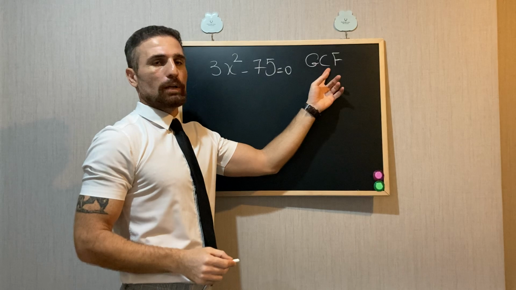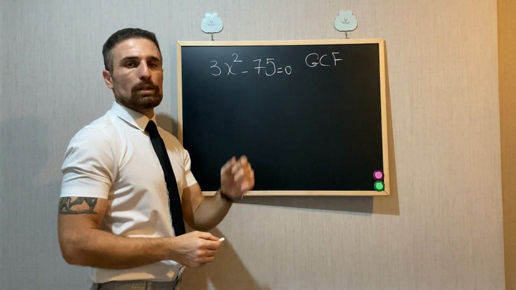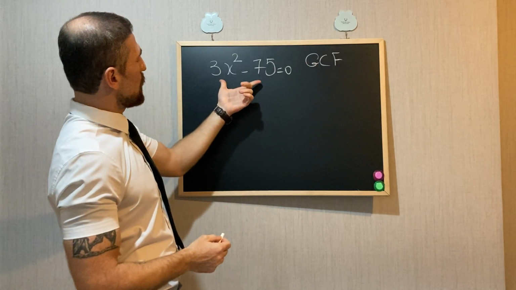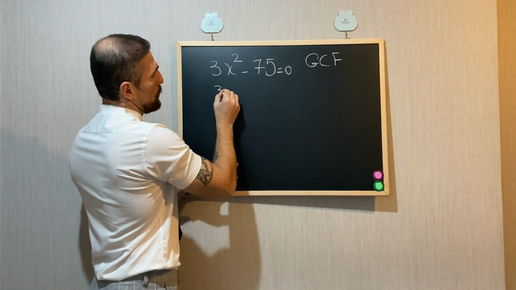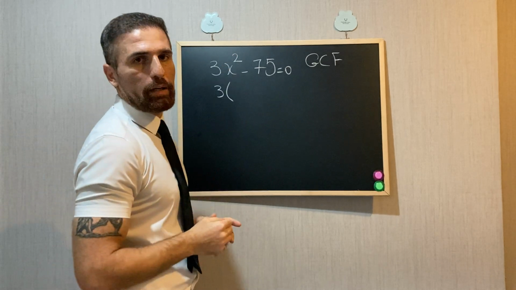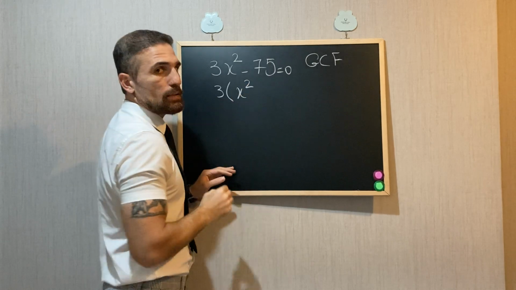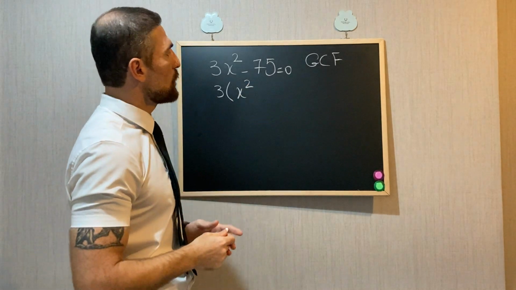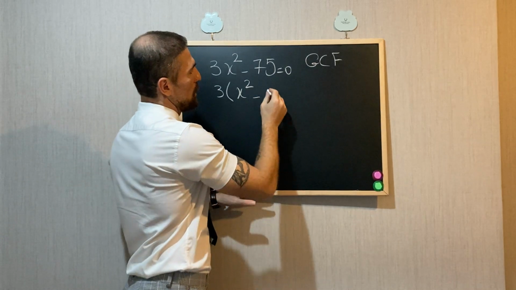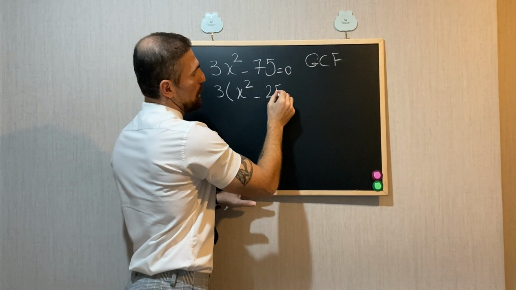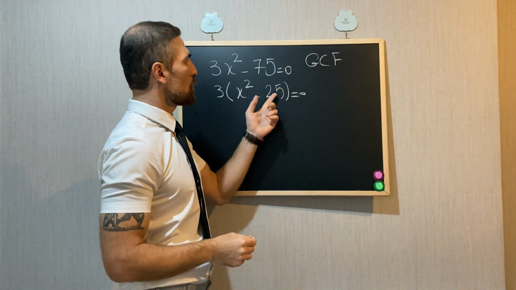Greatest common factor between 3x squared and 75 is 3. 3x squared divided by 3 equals x squared. 75 divided by 3 equals 25. Now we have x squared minus 25.